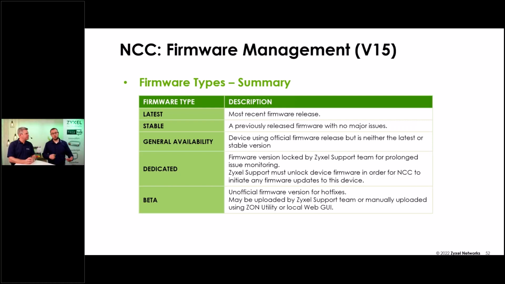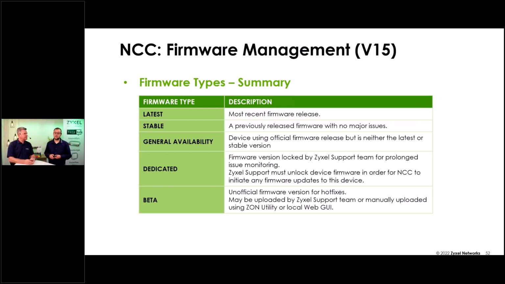Is it working before we put it into the regular release? The beta release branch would be the unofficial firmware version for hotfixes that we have on the on-premise devices. It's the ITS or the weekly versions, which is now as well made available in the Nebula Cloud.